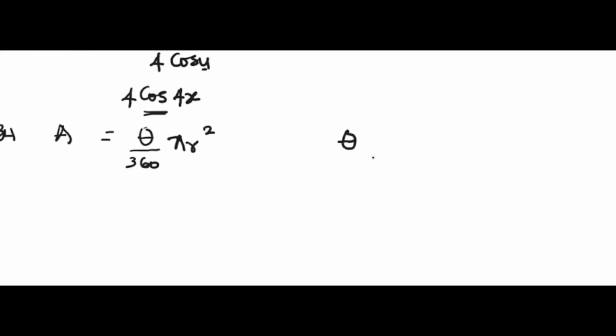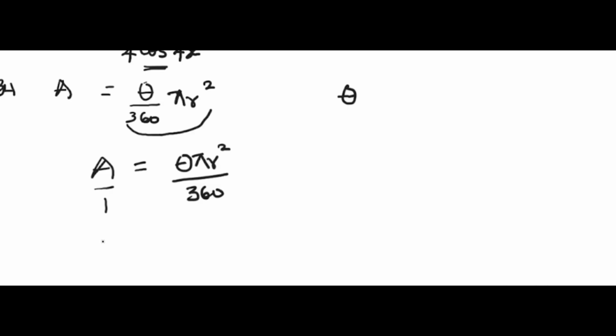Now to start with, let's express this properly as a single fraction so that we can cross multiply. So we'll have theta pi r squared over 360. So if you cross multiply here, you will have 360a to be equal to theta pi r squared.